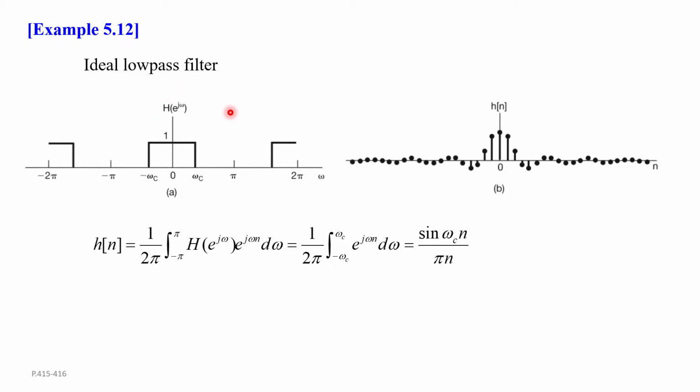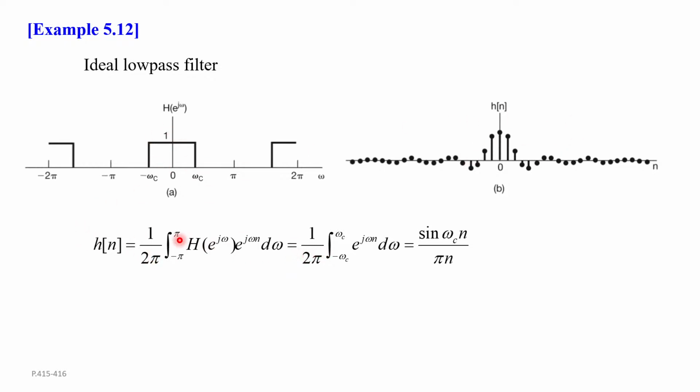So this is the ideal response of your low-pass filter in the frequency domain. And now we know how to calculate the response in the time domain. The impulse response of your low-pass filter here is just the inverse Fourier transform of the square wave function.